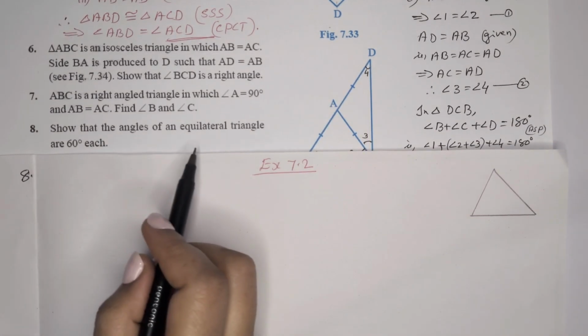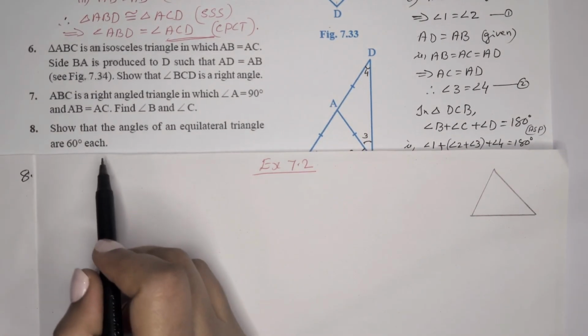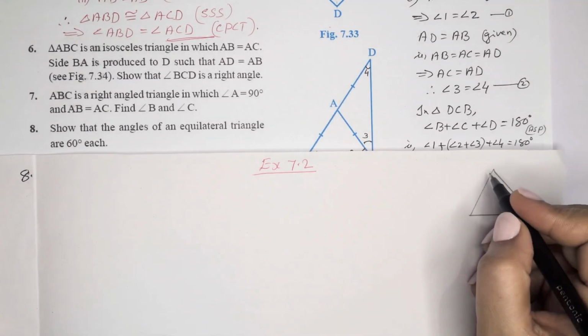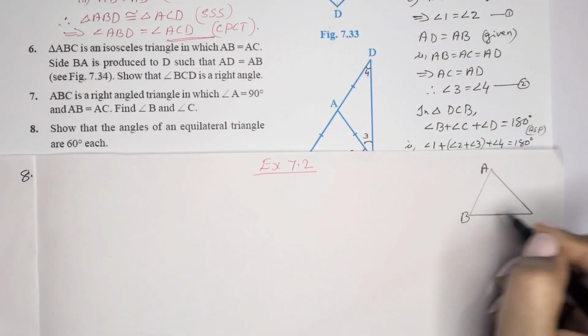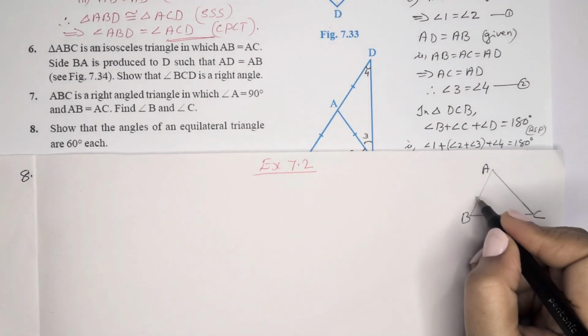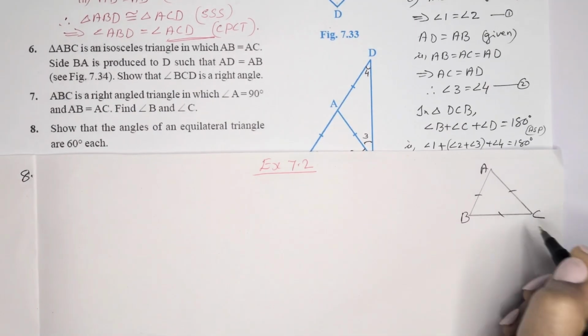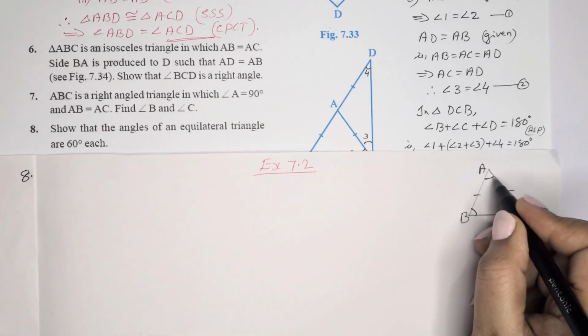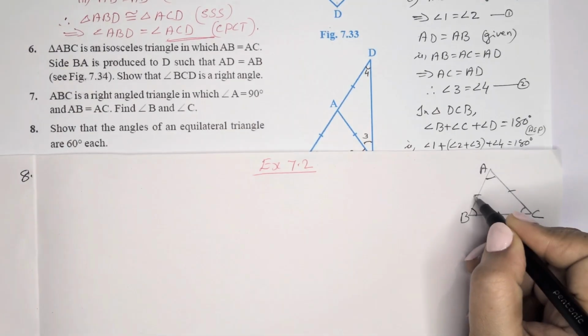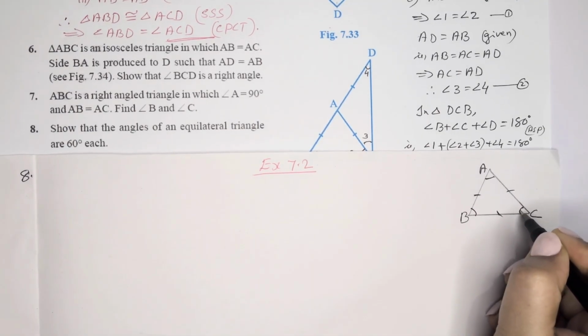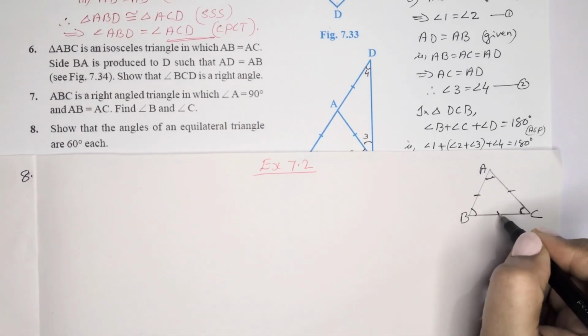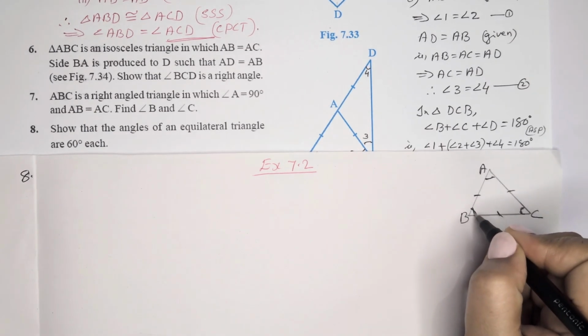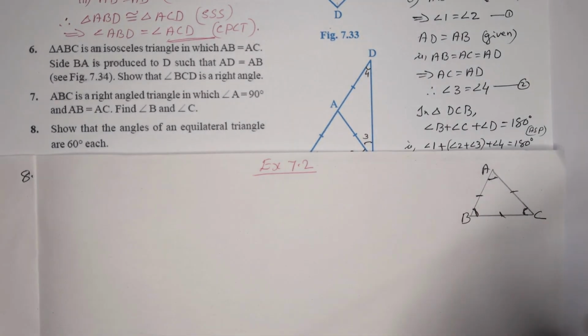Eighth question. Show that the angles of an equilateral triangle are 60 degrees each. You can take a triangle ABC, an equilateral triangle. Equilateral triangle means all three sides are equal. If all three sides are equal, then all the three angles are also equal. If these two sides are equal, its base angles are equal. So all three angles are equal.